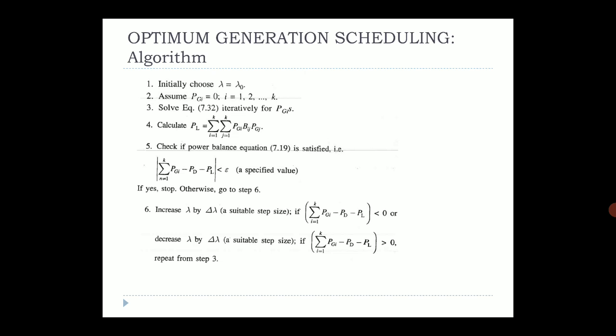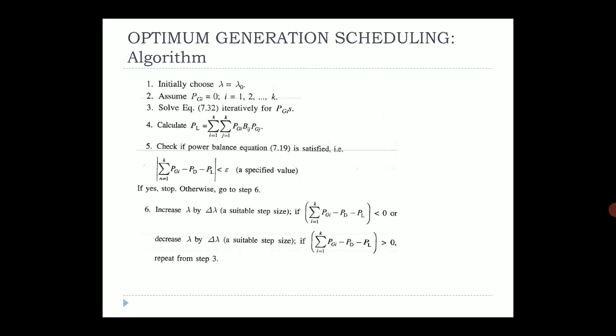If we start with a lambda, then we find the power, which we found previously from the lambda chart. After finding the power, we find the losses. The B coefficients should be known previously. We find the total losses, and then we see whether this equality is matched or not.